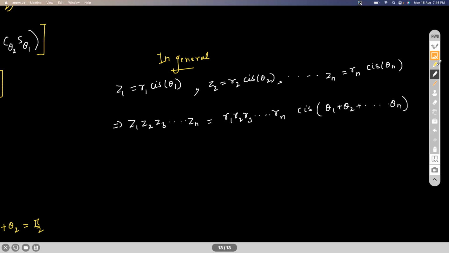But by the way, please restrict this argument between minus pi to pi, because while you are adding them, it may exceed pi, or it may go below minus pi.